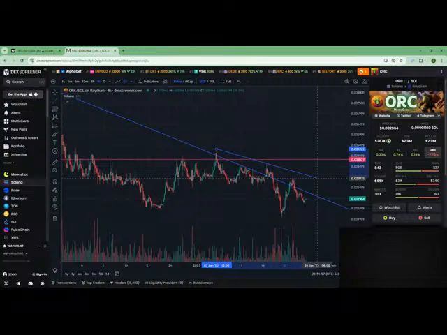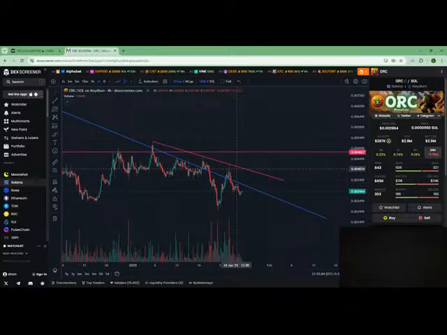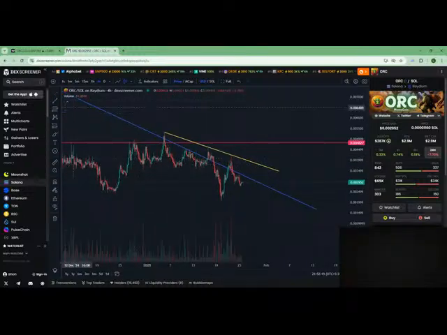But this is a good resistance, a descending trend line, and you can see the structure break in the 4 hour time frame. It has come for a 50% fill.